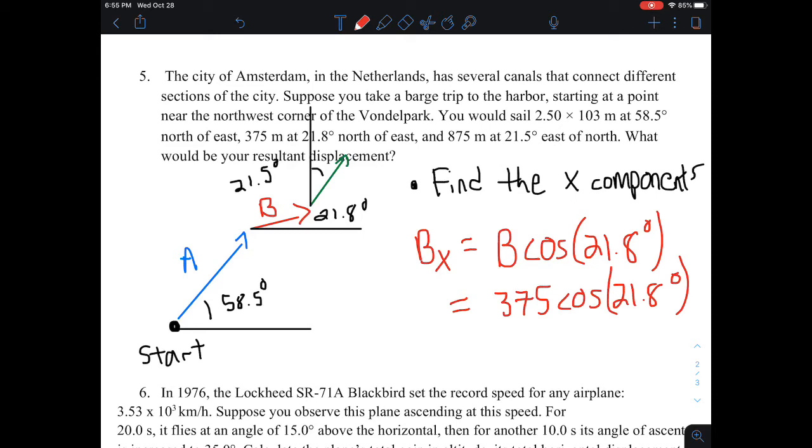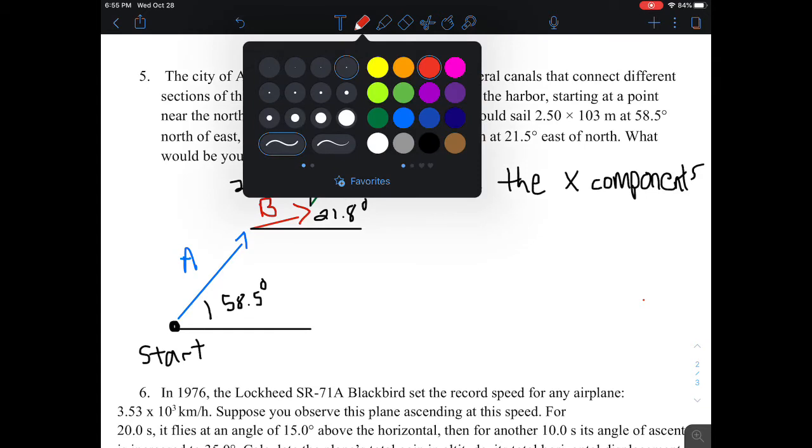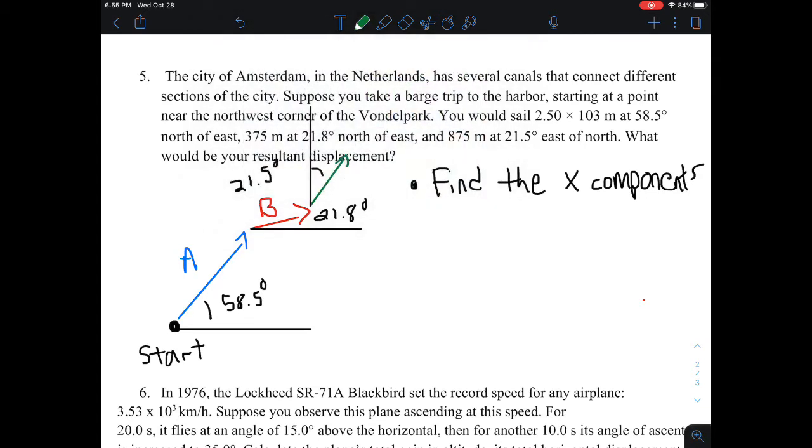This last one, the green vector, is going to be a little bit trickier because the angle isn't defined from the horizontal. But we can do that if we want. We know that if that angle is 21.5 degrees, then the angle from the horizontal is the one that's north of east, and what we have is east of north.